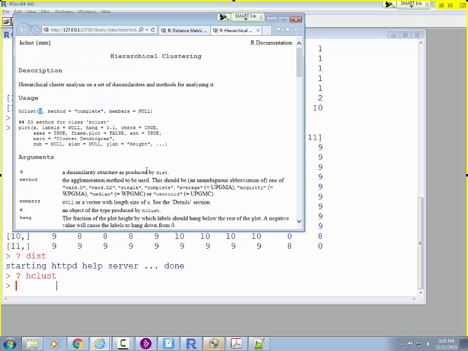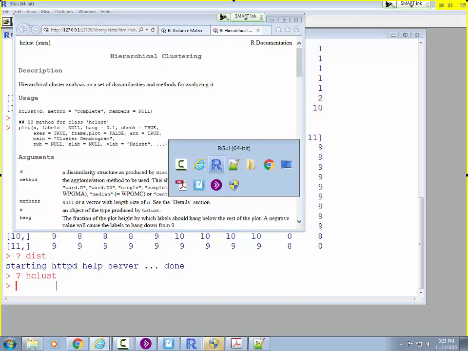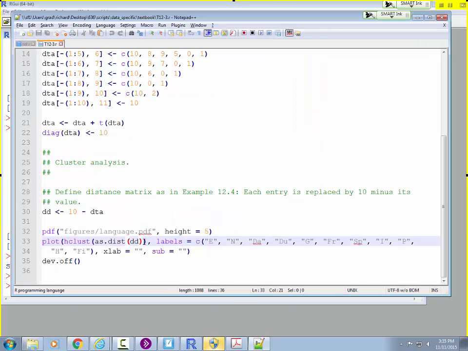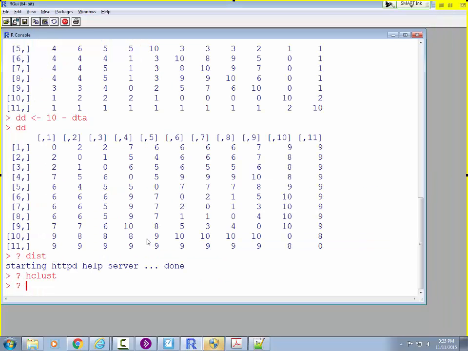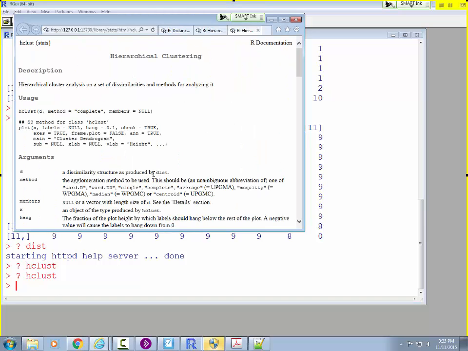hclust's D is a distance matrix as produced by dist. So in order to make hclust happy, I did as.dist of our matrix. Otherwise I used default measures. And again, if we look at the help file for hclust, there are choices that have to be made if we're going to do this hierarchical clustering. The key one, having already made a decision about what distance means, is what do you mean by linkage?